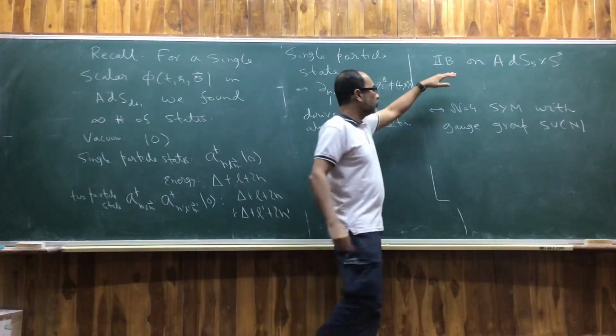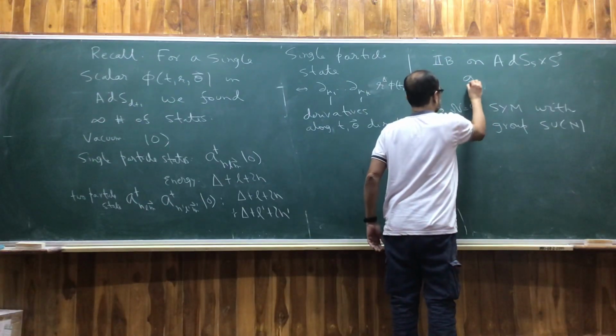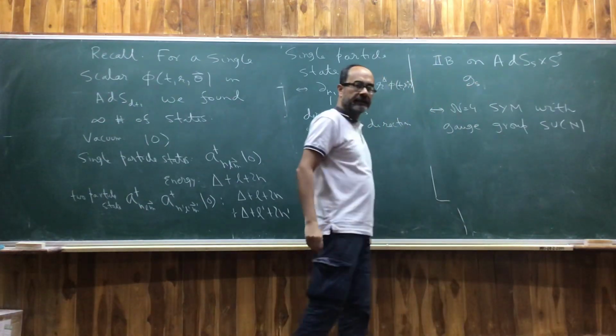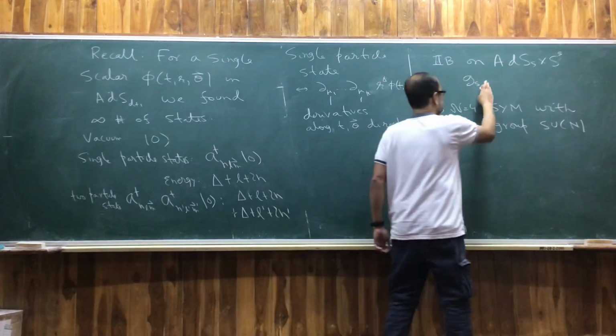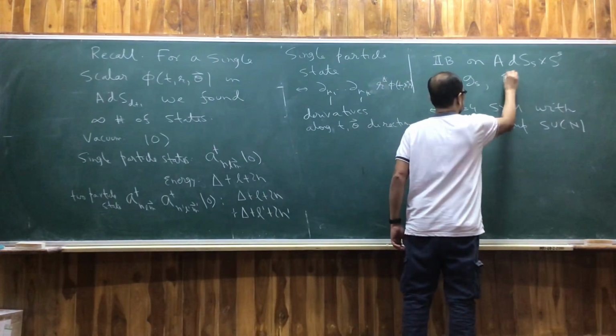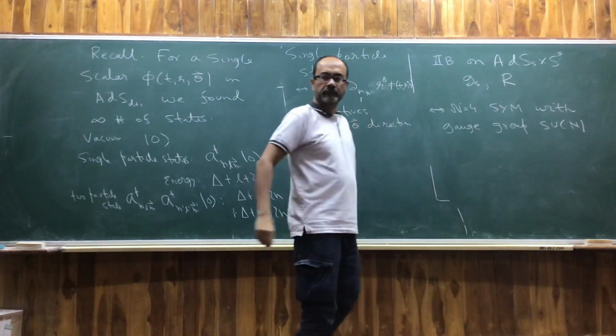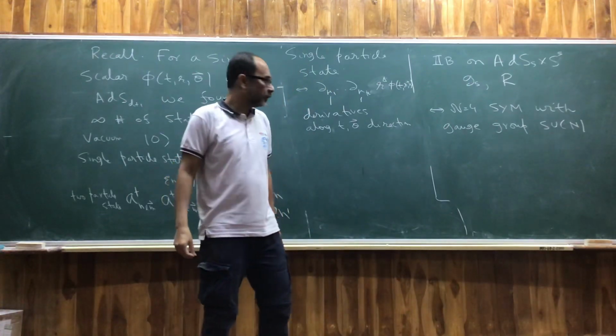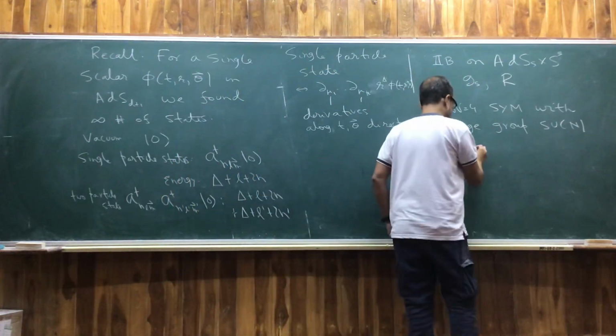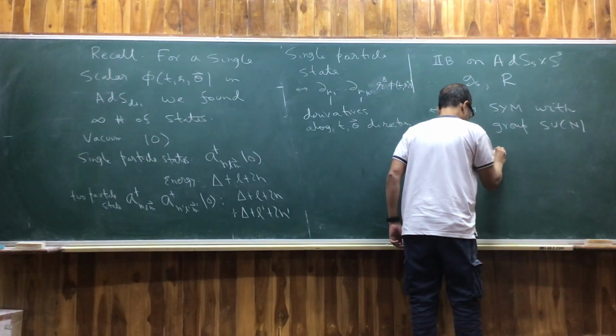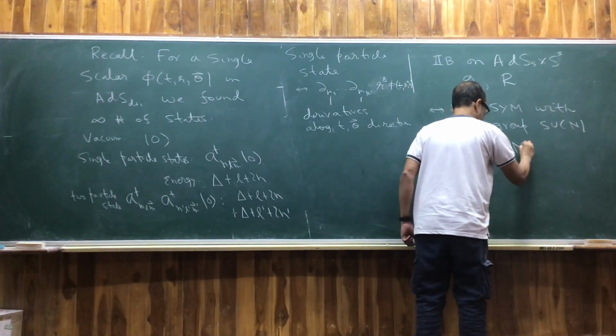So this has two parameters. One is the string coupling, which we'll call G_S. The other one is the radius. On the Yang-Mills side, again you have two parameters, G Yang-Mills and N, where N is the N of SU(N).